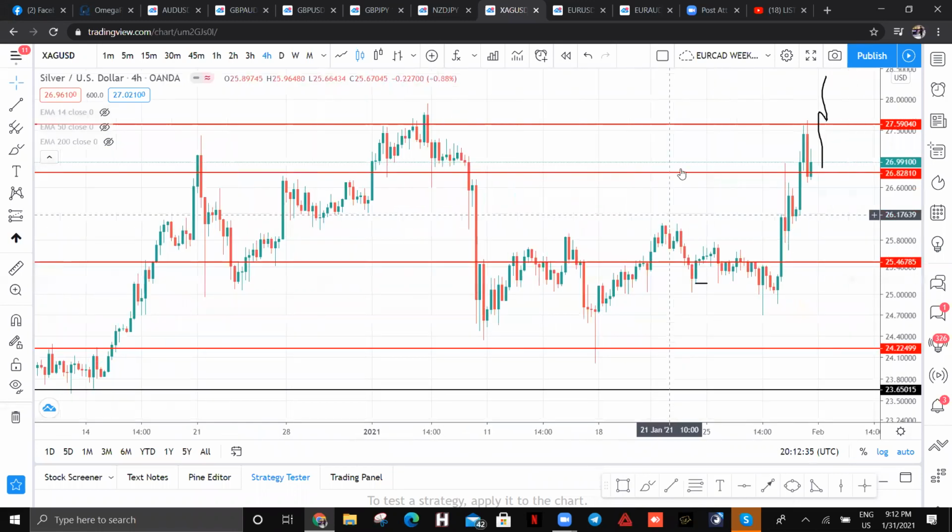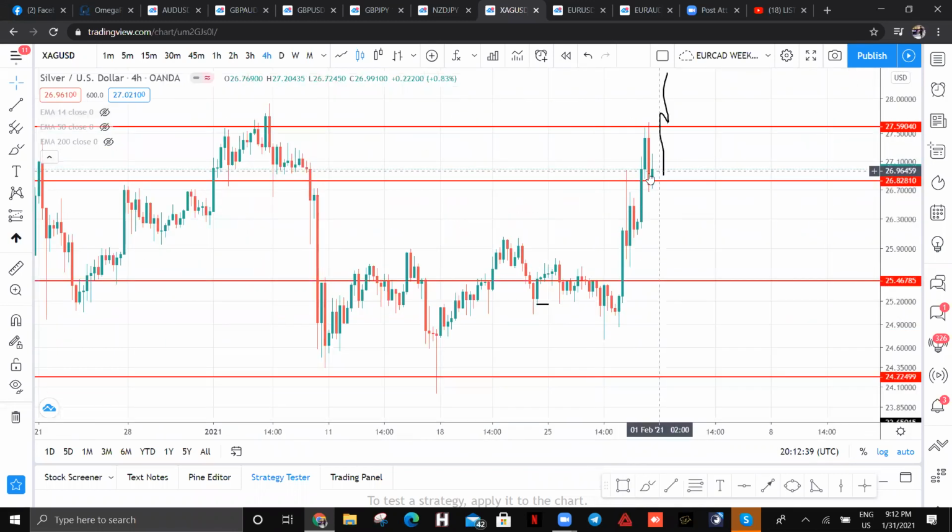If the next candle closes above this pivot level, that's when you take the buy. Your first TP will be 27.59. Then your second TP will be 29. So your stop loss will be somewhere around here, 26,640. Let's use it that way.